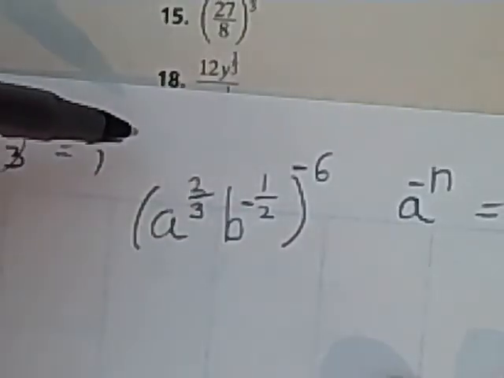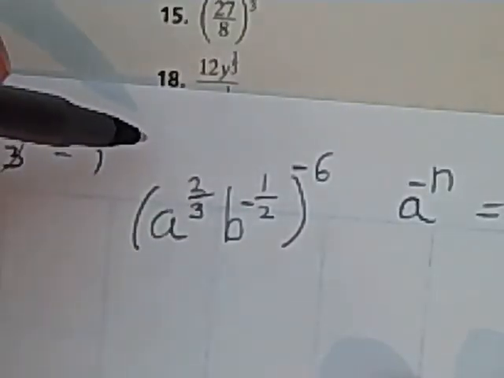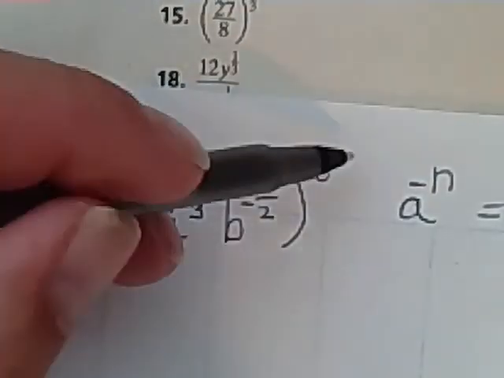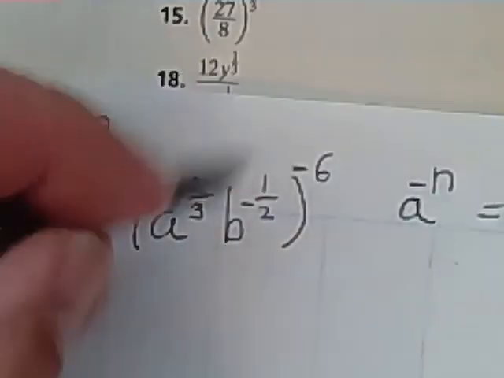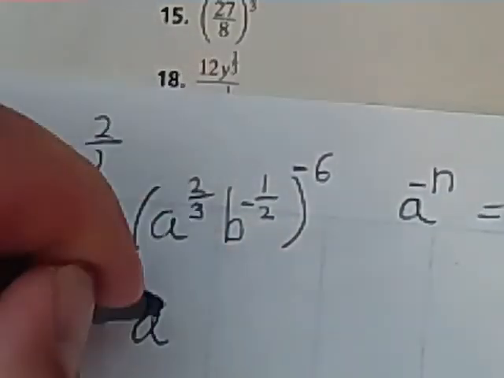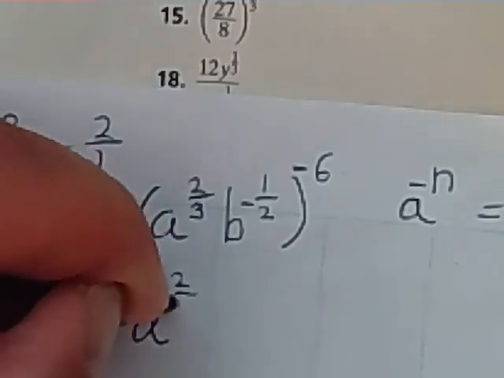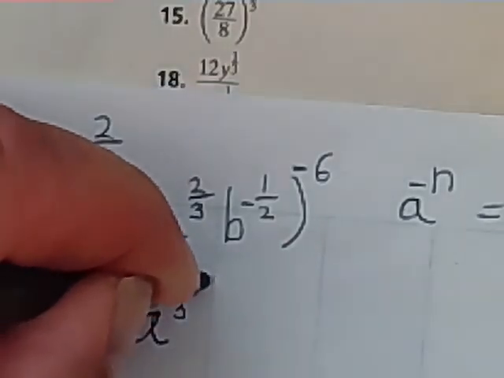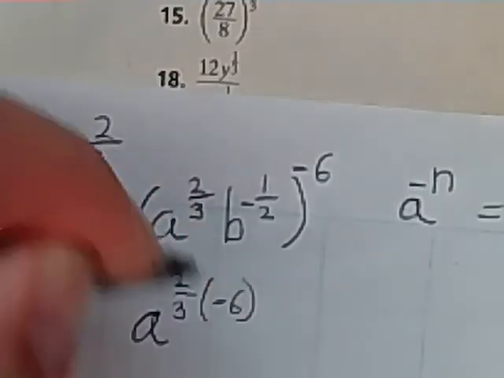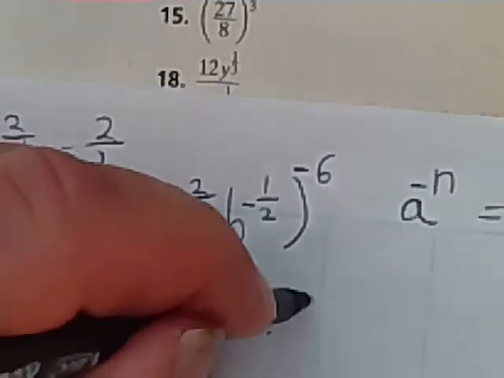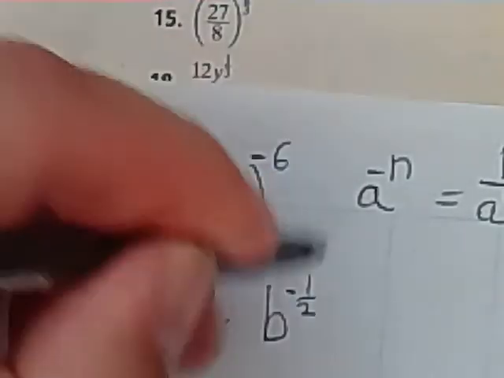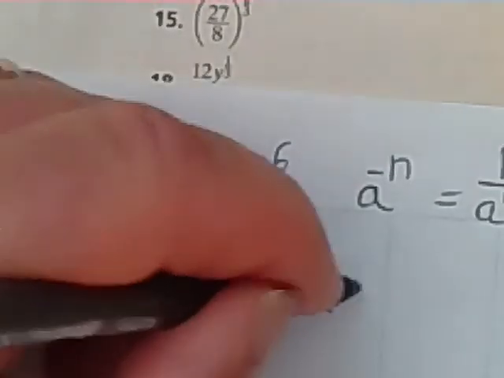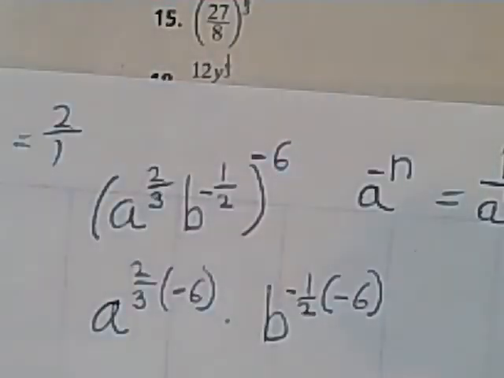So this thing, I guess I would just multiply each exponent by itself. So a raised to the 2/3 power times negative 6, all that times b to the negative 1/2 power times negative 6.